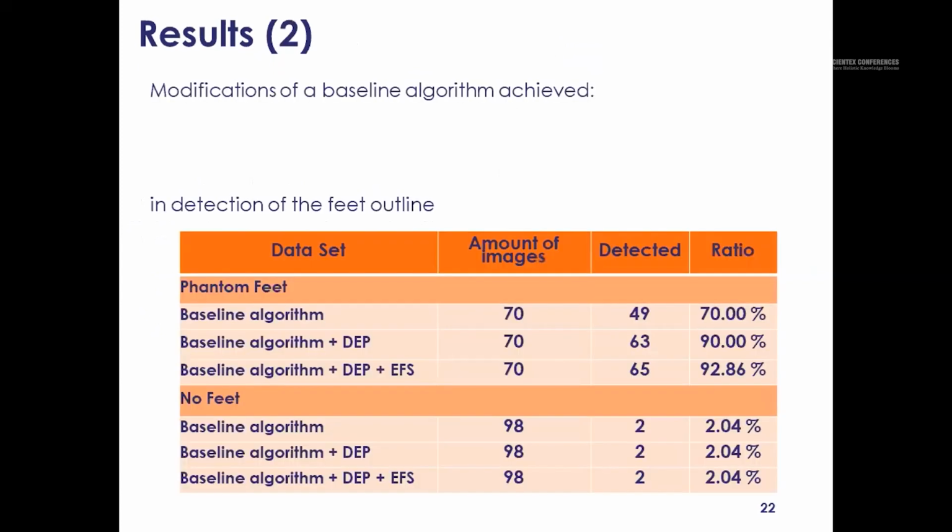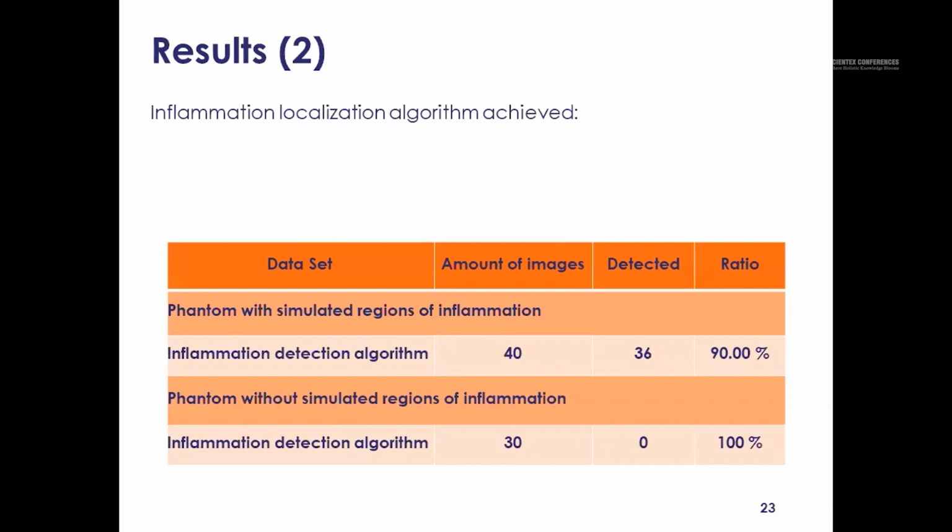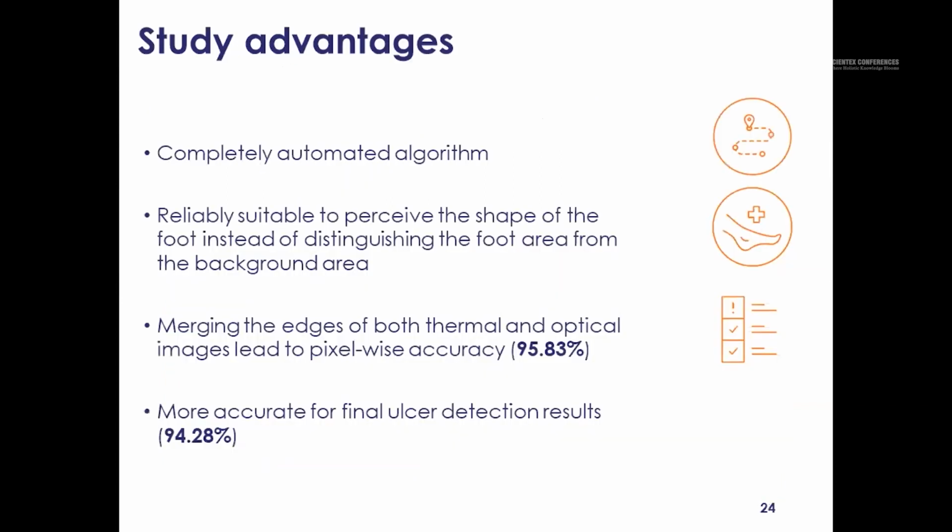Modifications of the baseline algorithm improved true positive results by 22.86% and achieved 95.83% accuracy with 92.86% sensitivity and 98% specificity. During investigation of inflammation localization, the algorithm achieved 94.28% accuracy, 90% sensitivity, and 100% specificity.